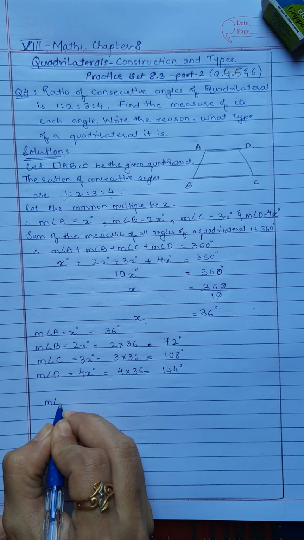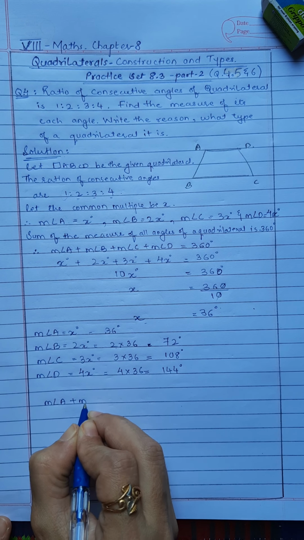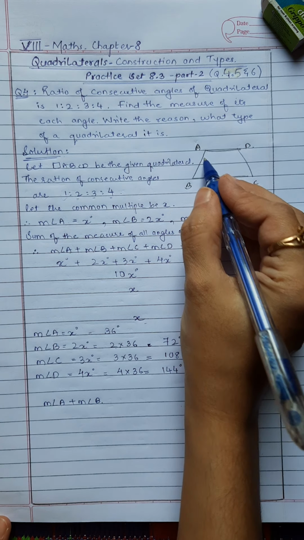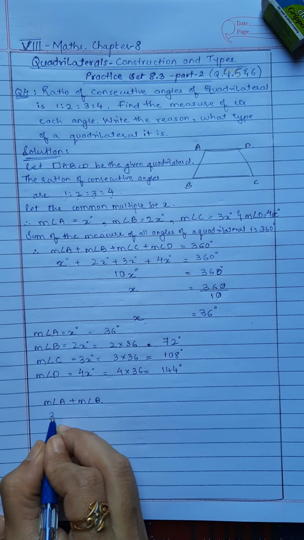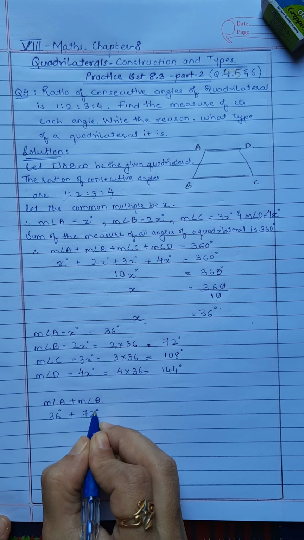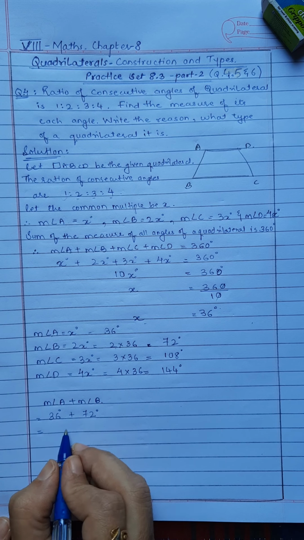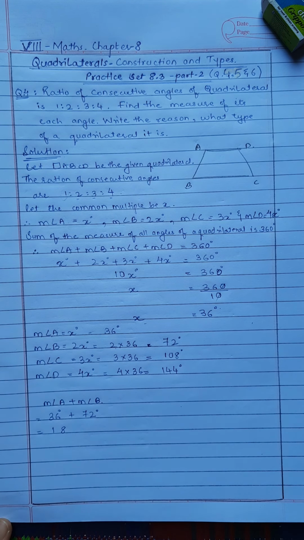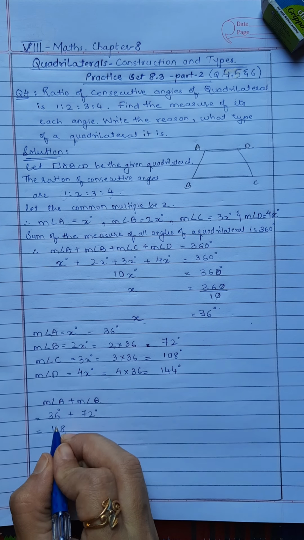Measure of angle A plus measure of angle B will be how much? A is 36 degree plus B is 72 degree. What will be its sum? It will be 108.